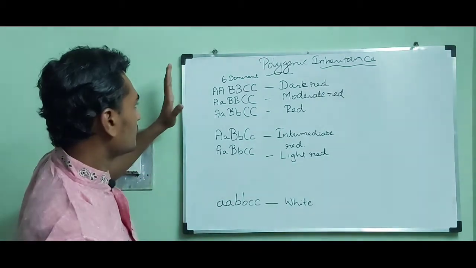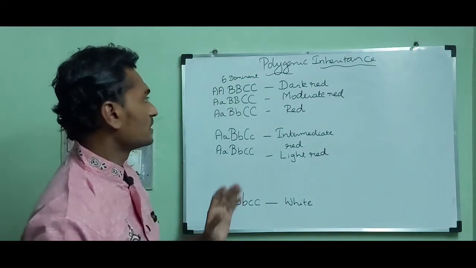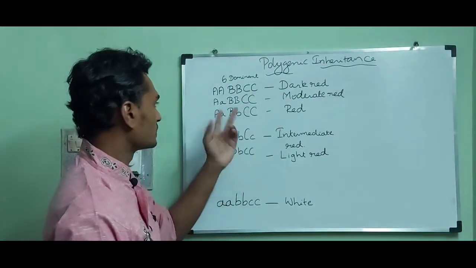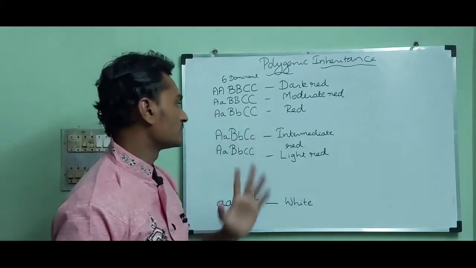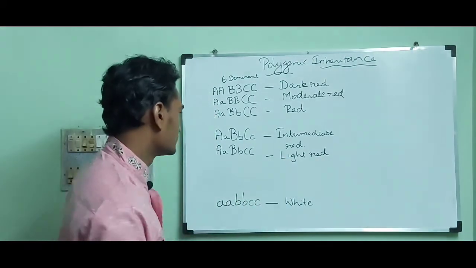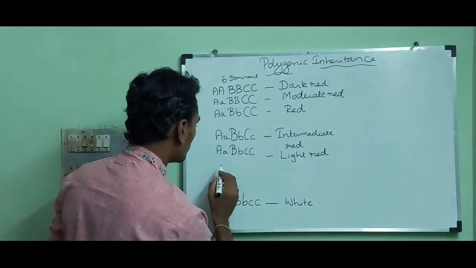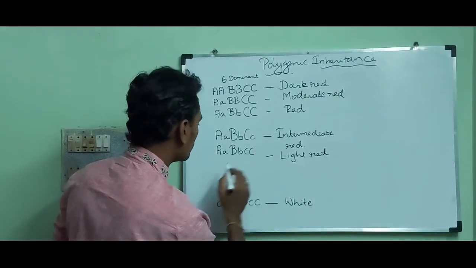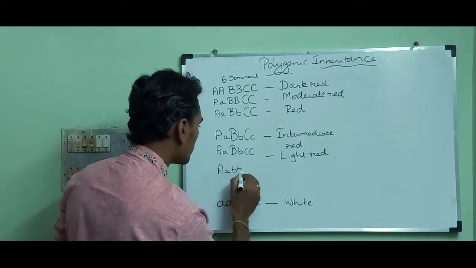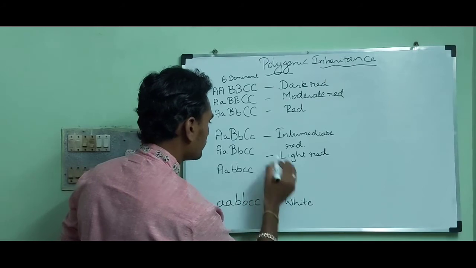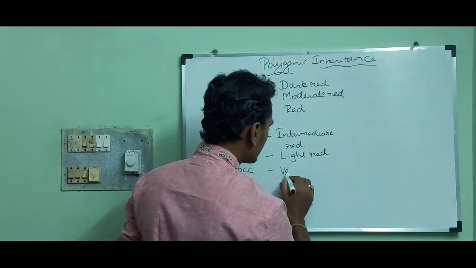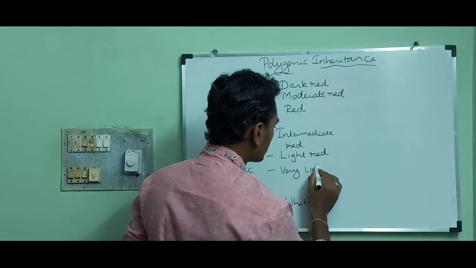If all the alleles are dominant, it shows dark red. If one allele is reduced, it is going to be moderate red, then red, then 3 intermediate red. Only 2 alleles dominant, it is going to be light red. Then if only one allele is dominant in the genotype, capital A, small a, small b, small b, small c, small c, it shows the phenotype very light red.